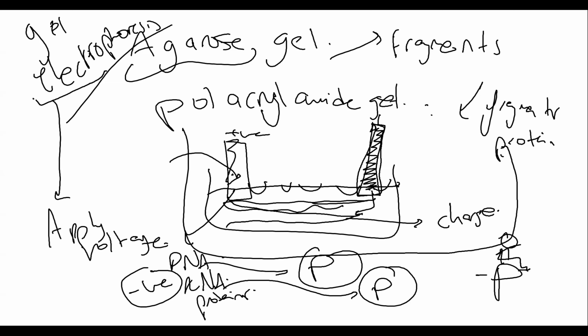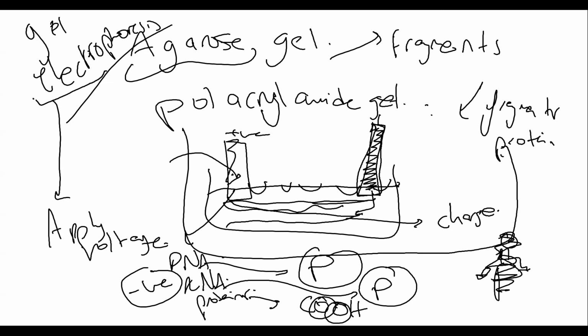However, for the proteins, why are they negatively charged? Because they have a net negative charge, usually from the carboxylic acid part, which has two oxygens which are really electronegative. So that's why they are attracted to the positive part of the electrode.